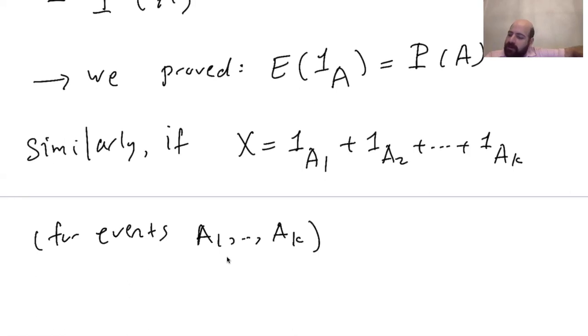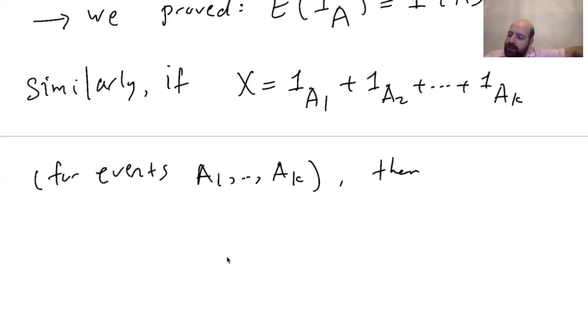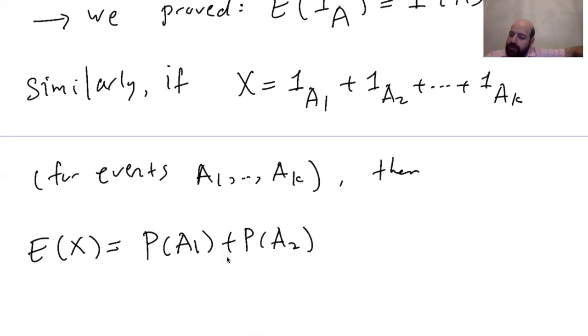So for events A1 to AK, the expected value of X is equal to P of A1 plus P of A2 all the way to P of AK.